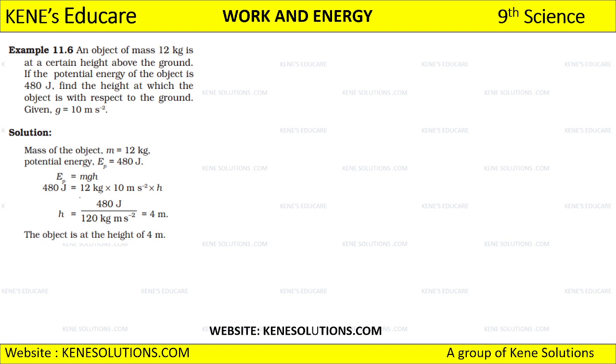So the solution is, you know the mass, you know the potential energy, right? So you are going to apply the formula for potential energy, which is equal to mgh, and accordingly you are going to calculate the height. The calculation part has been given. I want you all to please go through it quickly.